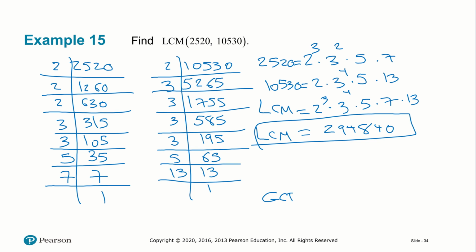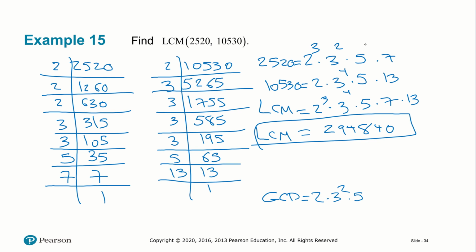Doesn't make any difference, same thing. For this, you only pick the common factors and the lowest power of each common factor and multiply. So for 2 and 2 cubed, we pick 2. For 3 squared and 3 to the 4, we pick 3 squared. For the 5s, which is the last common factor, we pick just 5 itself, right? That's the lowest power.